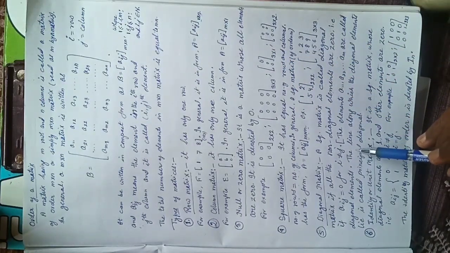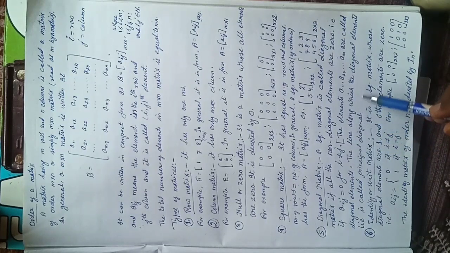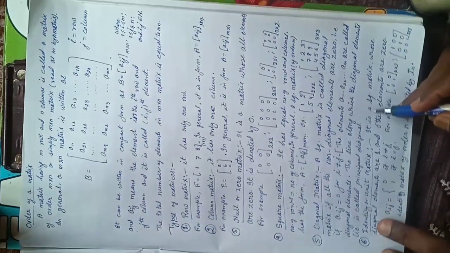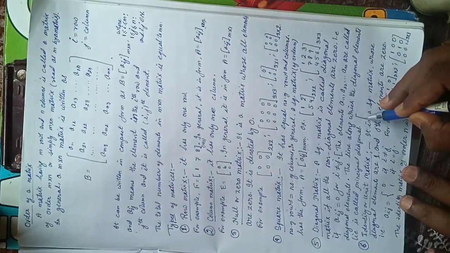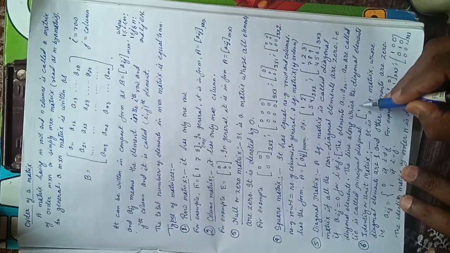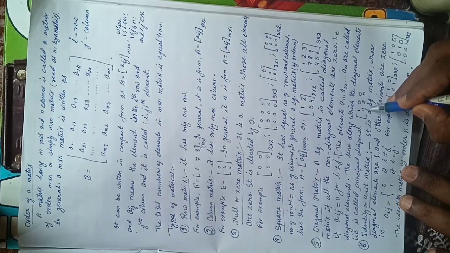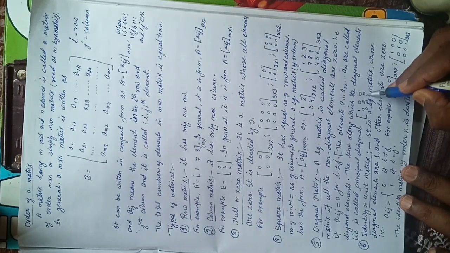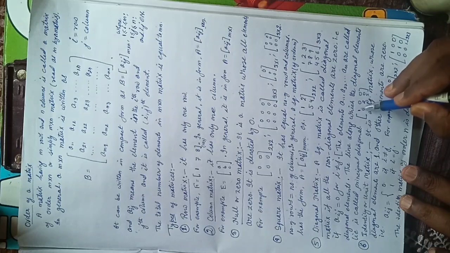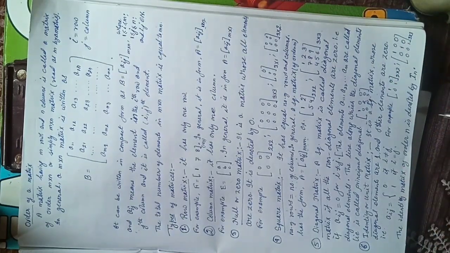The line along which the diagonal elements lie is called the principal diagonal. In the case of a diagonal matrix, I can write an example here: 1, 0, 0, 0, 2, 0, then 0, 0, 5. These are the diagonal elements.